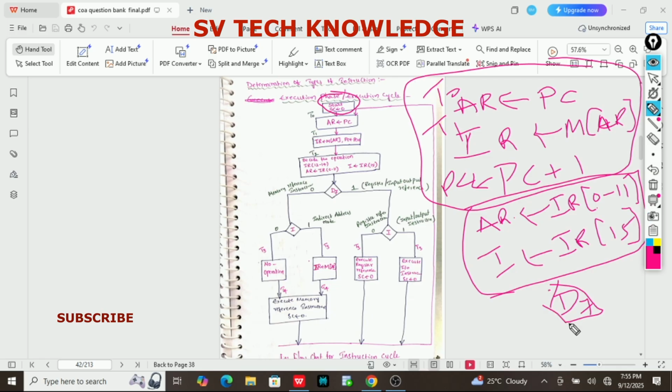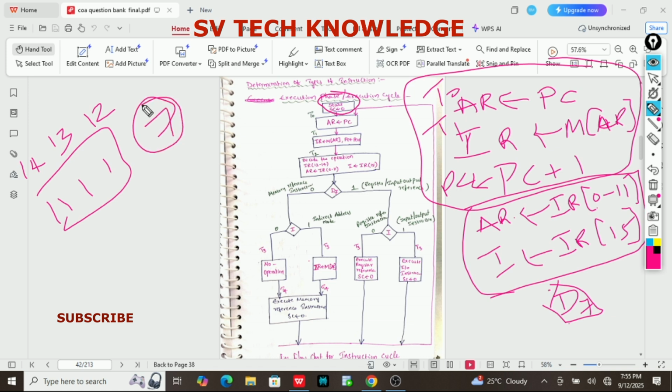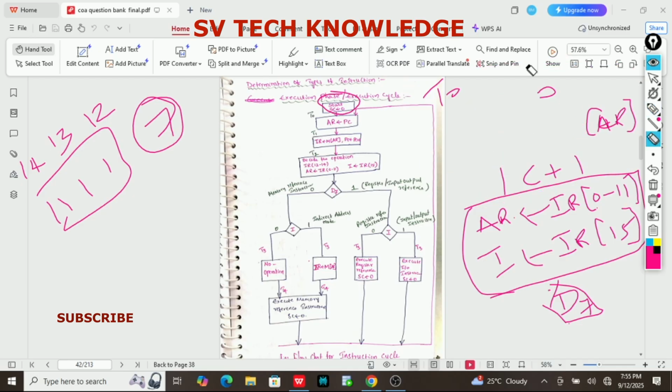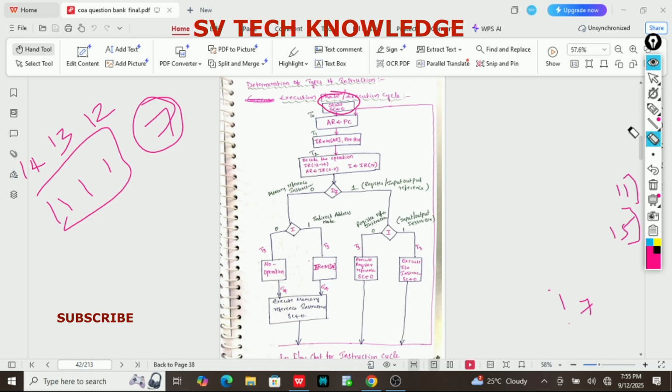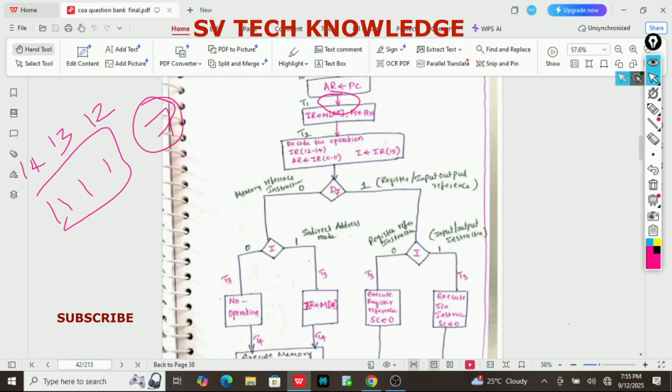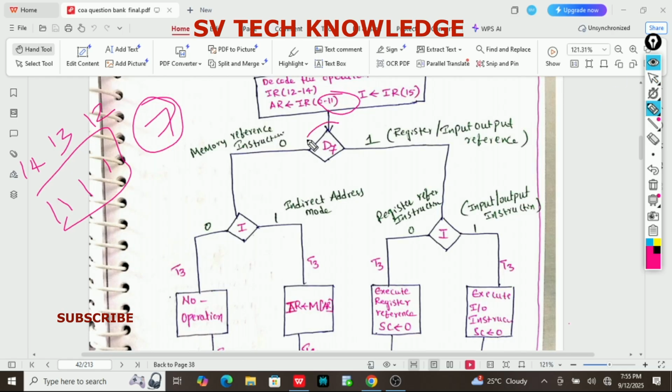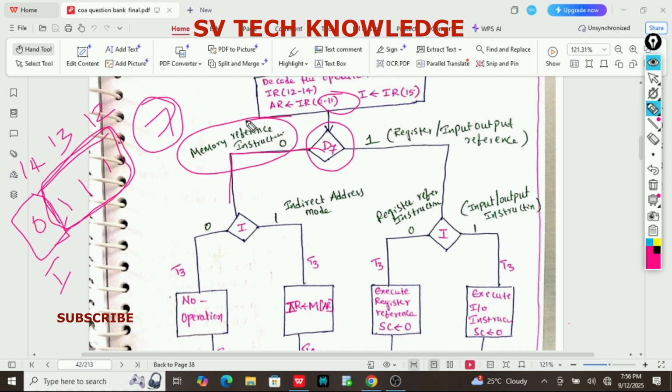D7 means the opcode bits 12, 13, 14 are 111, which is 7. If D7 is 0 and the indirect bit is 0, then it is called a memory reference instruction.